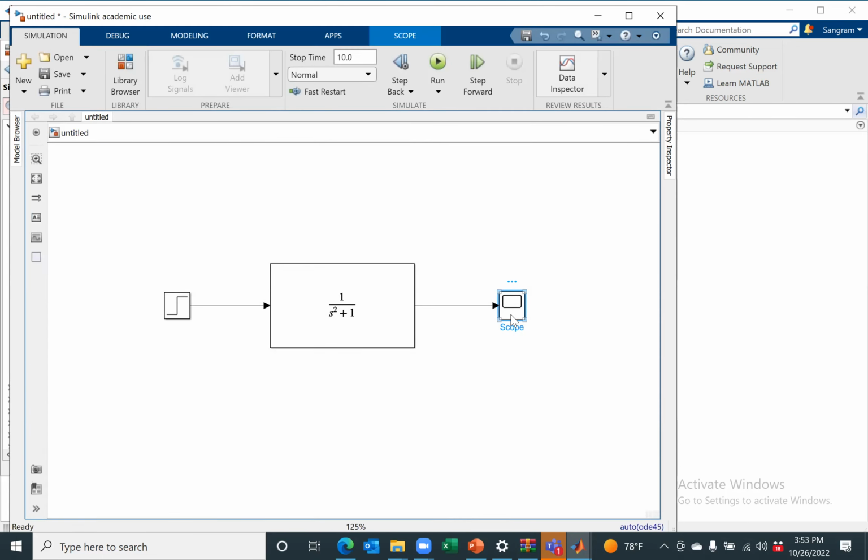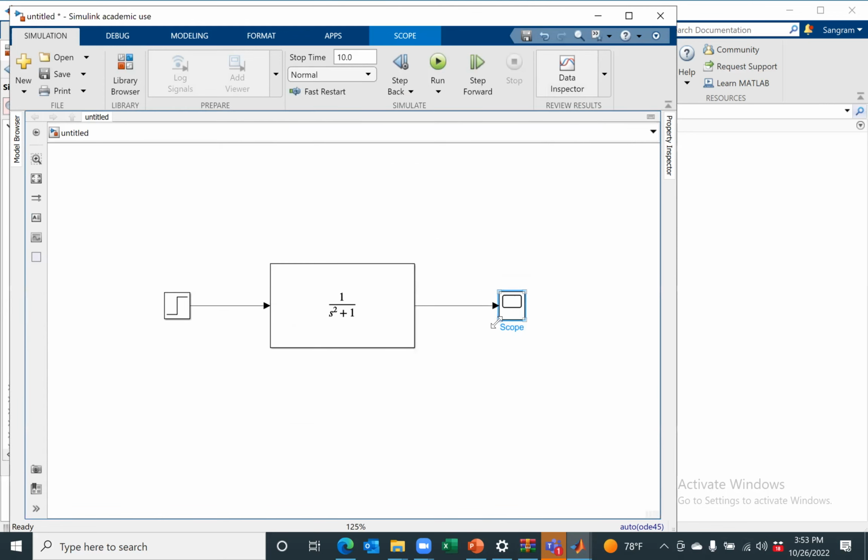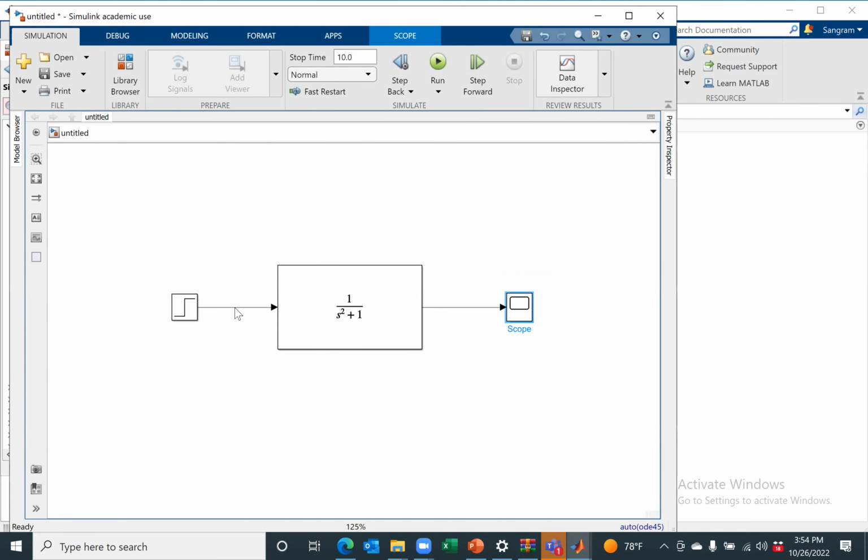And you would notice if you double click on scope, you can see these oscillations. If you want, you can actually make 2 scopes and feed this signal.